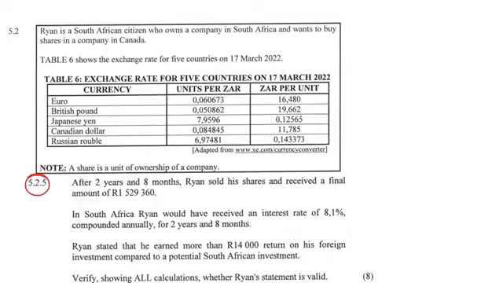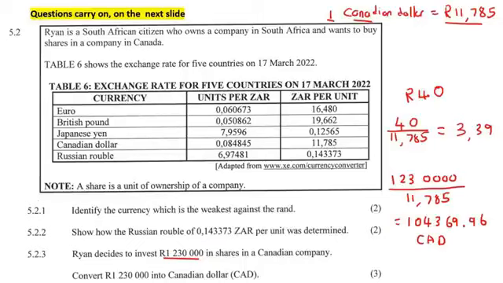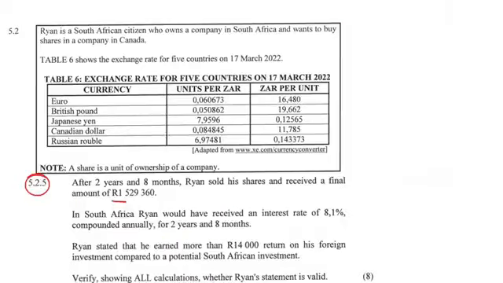Here's a nice 8-mark question. Gotta love it. So it says, after 2 years and 8 months, Ryan sold his shares and received a final amount of 1.5 million, just more than 1.5. So remember, he originally invested 1,230,000, and then a few years later, it's now worth 1.5 million.